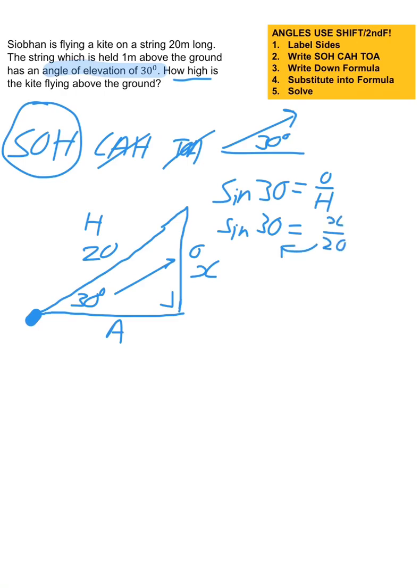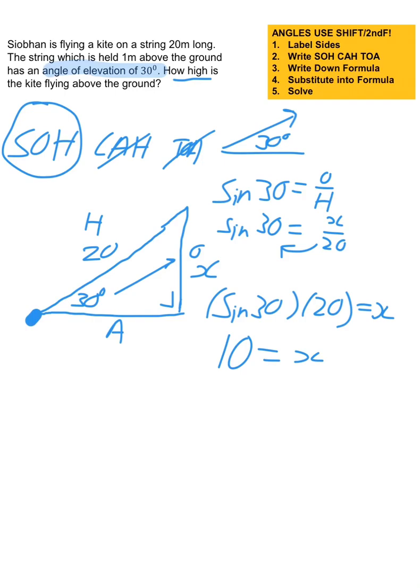Bring the 20 across. So now it's going to be sine 30 times 20 is equal to x. So now let's put that into the calculator. And that is equal to 10. So 10 meters. But be careful in this question.